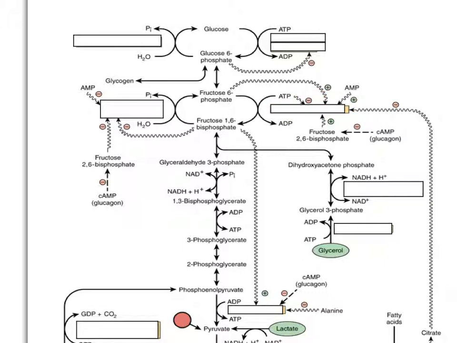Ask yourself, what do I think would be a stronger inhibitor or activator? In this case, and don't take this for gospel, I'm thinking ATP would be a stronger inhibitor than fructose 6-phosphate would be as an activator.